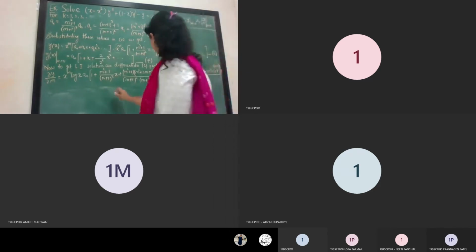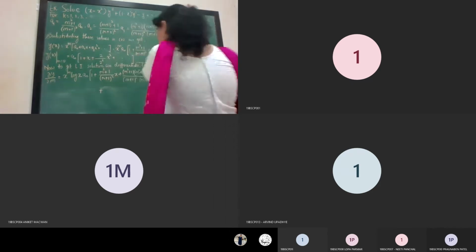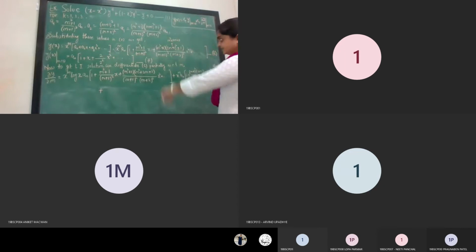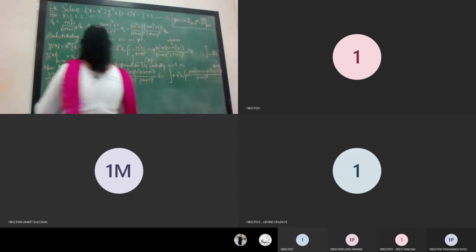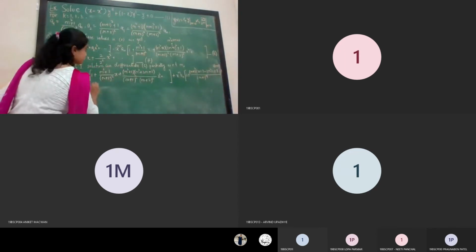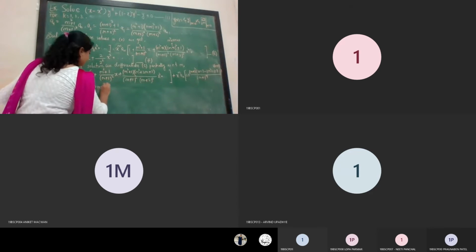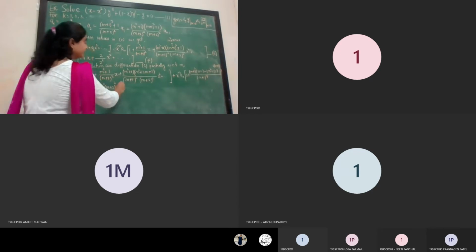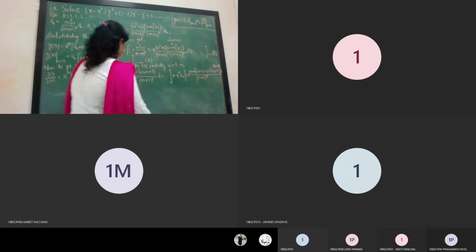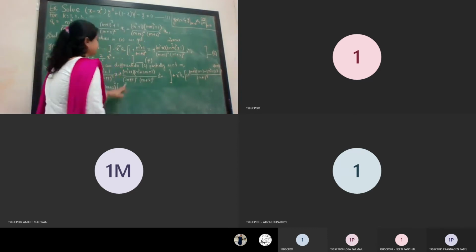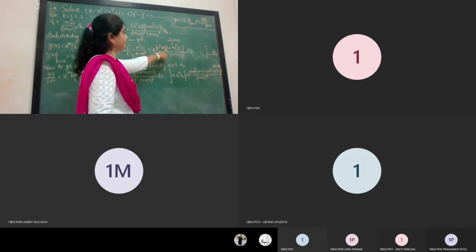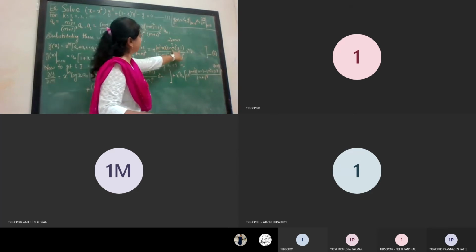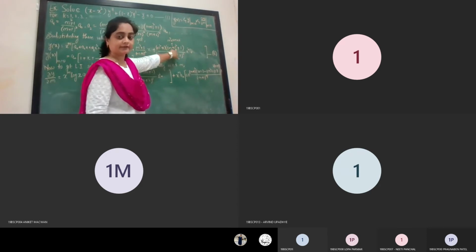So plus, these two functions as it is in the numerator. So that I am writing, plus (m plus 1) whole square, (m plus 2) whole square into the derivative of this one. So while considering the derivative of this, I have to again apply the multiplication rule. So multiplication rule means this term as it is into the derivative of this, then plus this term as it is into the derivative of this.